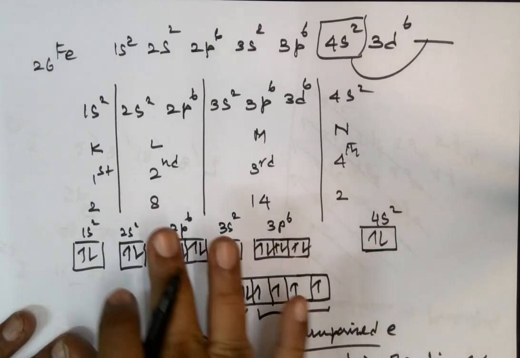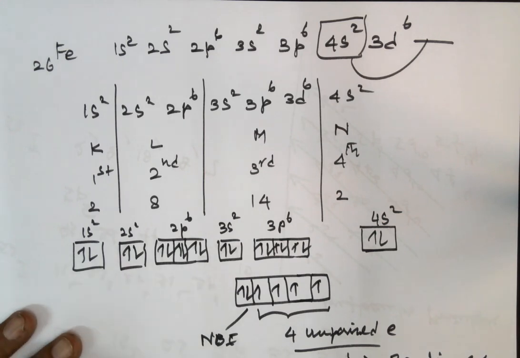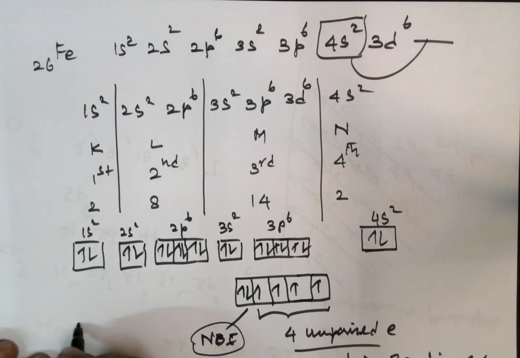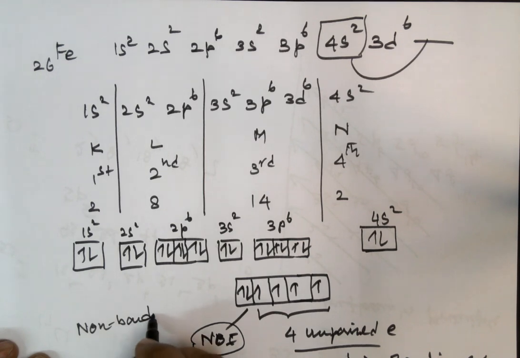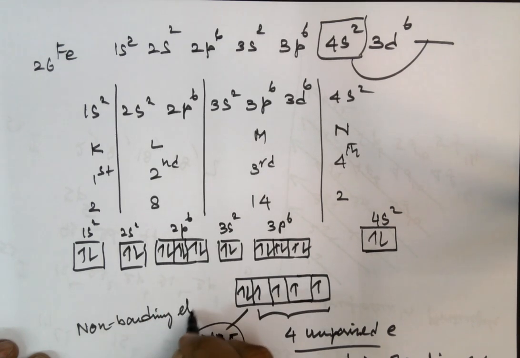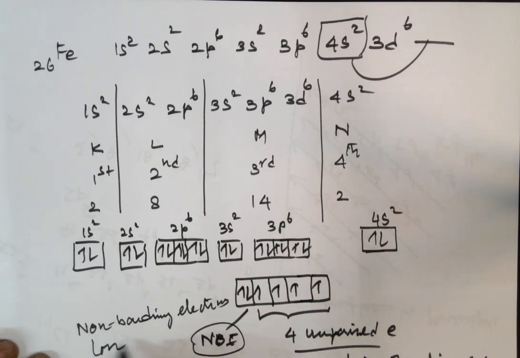They don't get involved in the bonding, and that is why those pairs, that is lone pairs, are called non-bonding electrons. So what is NBE? Non-bonding electrons. They are also called a lone pair because they are kept alone. So lone pair of electrons, right?